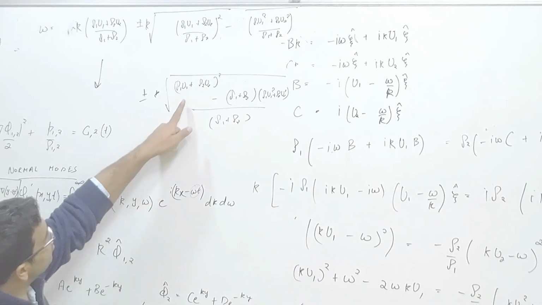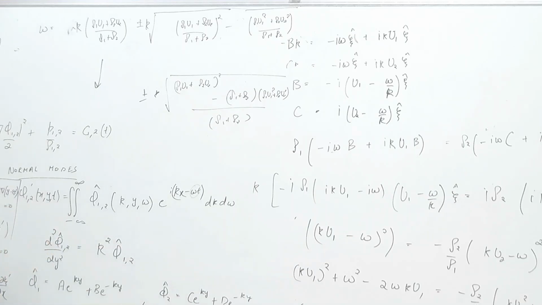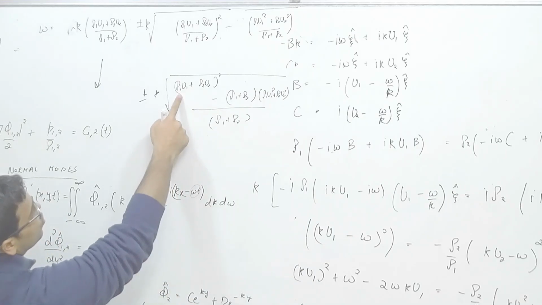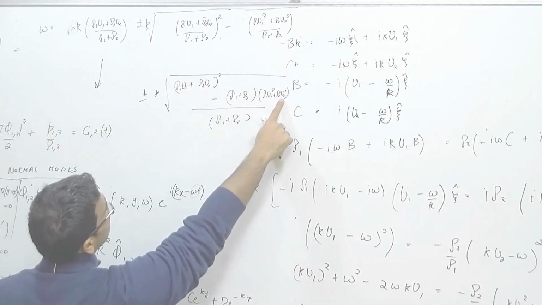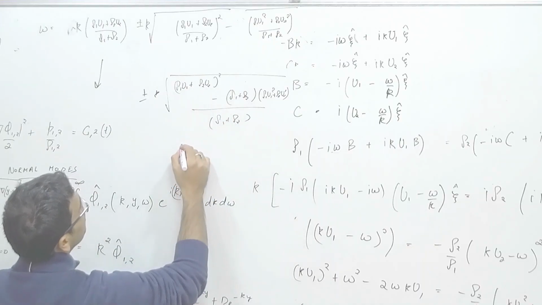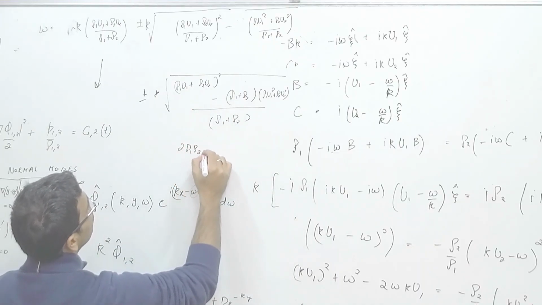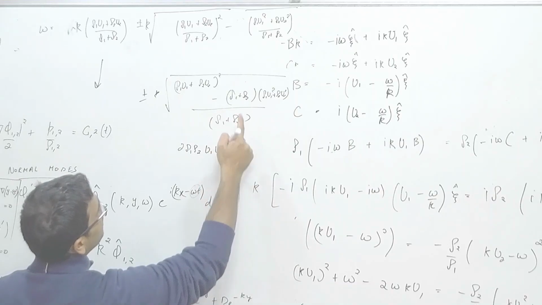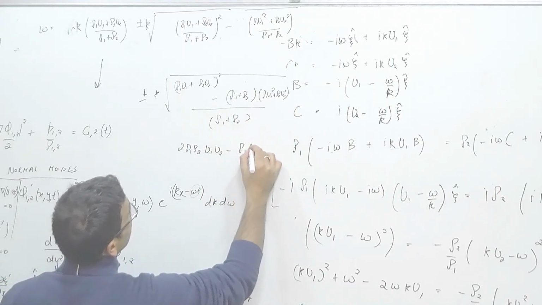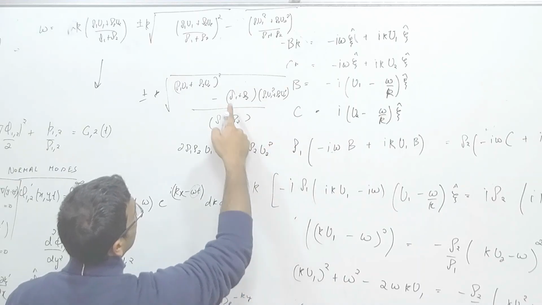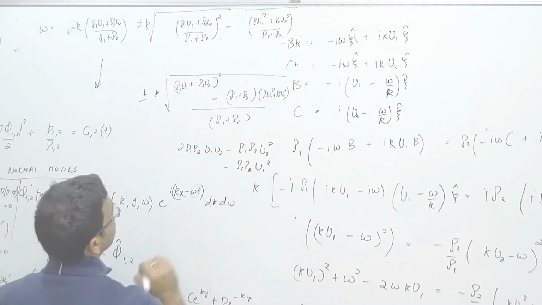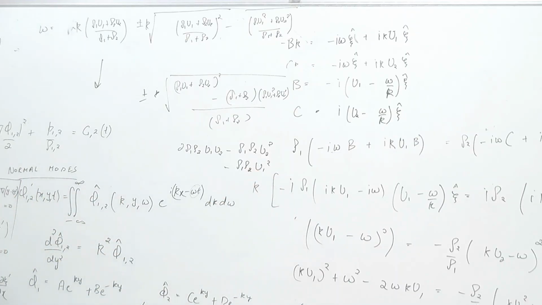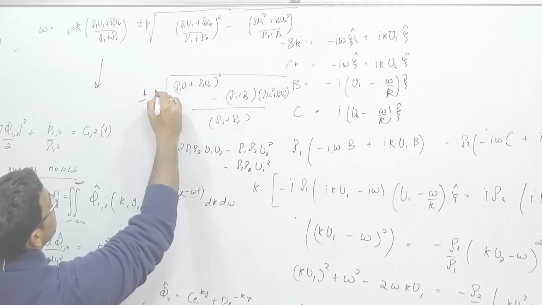So what can you say about the top expression? So rho 1 u1 square will cancel, rho 2 u2 whole square will cancel, and then you will be left with 2 times rho 1 rho 2 u1 u2 minus rho 1 rho 2 u2 square minus rho 1 rho 2 u1 square. Okay, at the top you will be left with this.